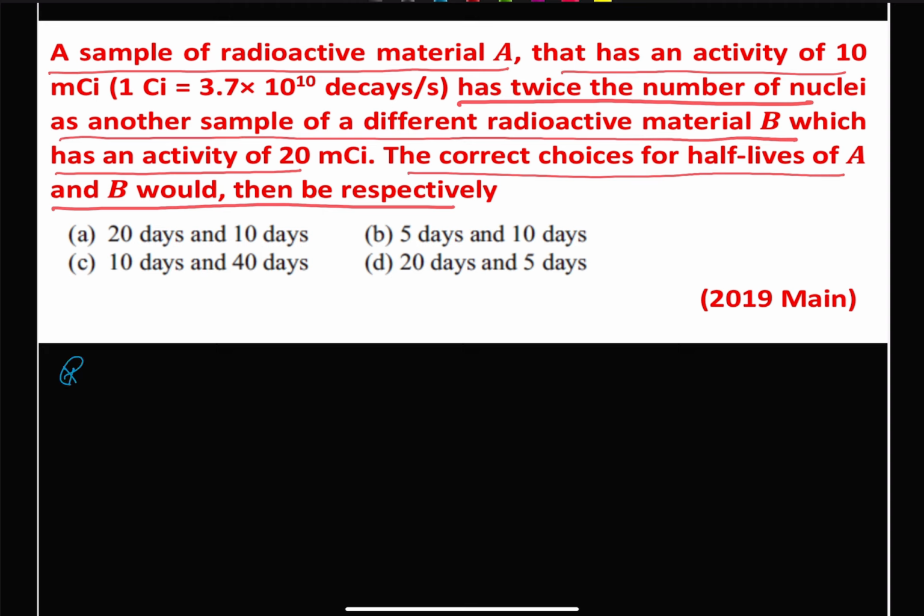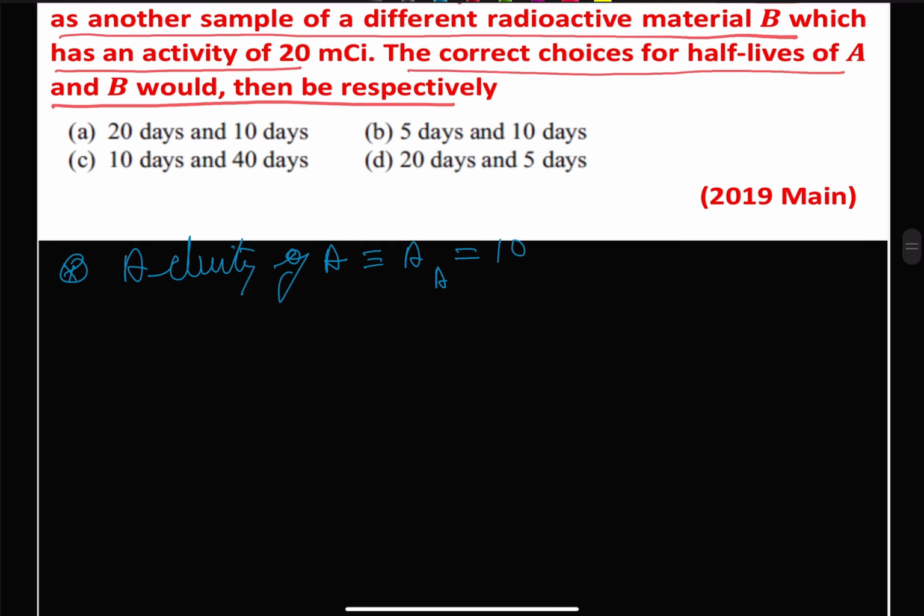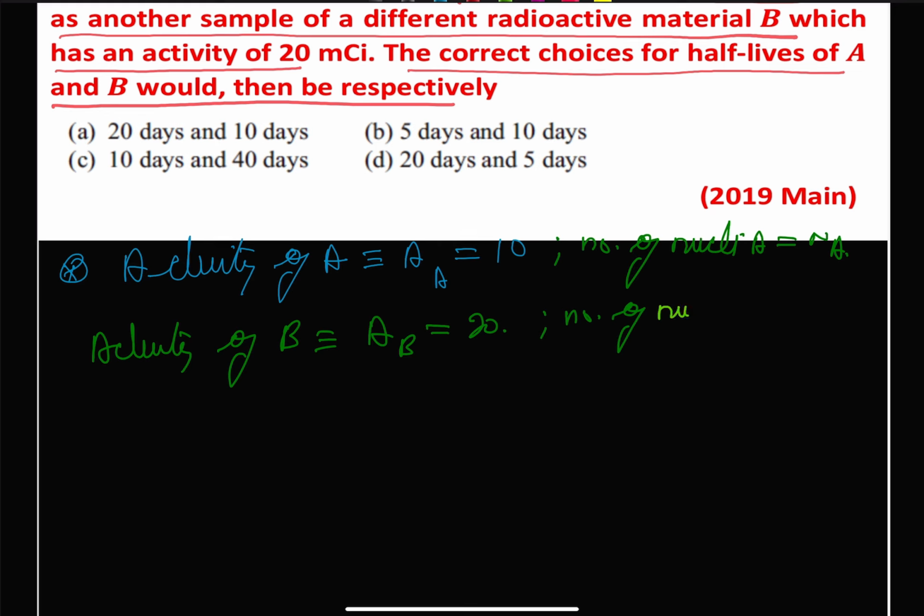So we can say that the activity of A, let us suppose this is A_A, is given as 10, and we have the activity of B, that is A_B, given to us as 20, and the number of nuclei for A is, suppose, N_A, and the number of nuclei for B is, suppose, N_B.